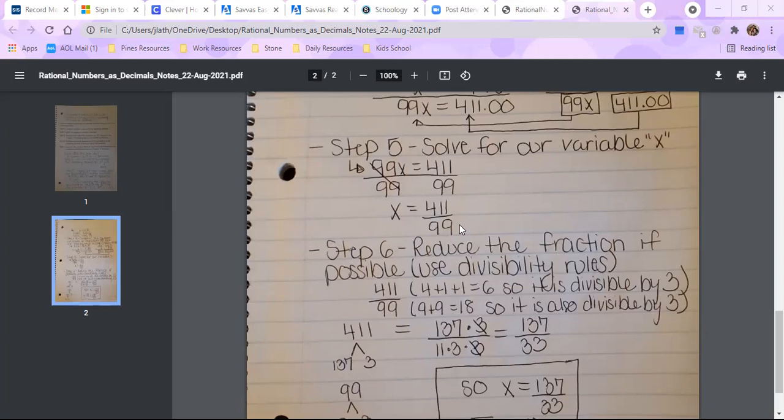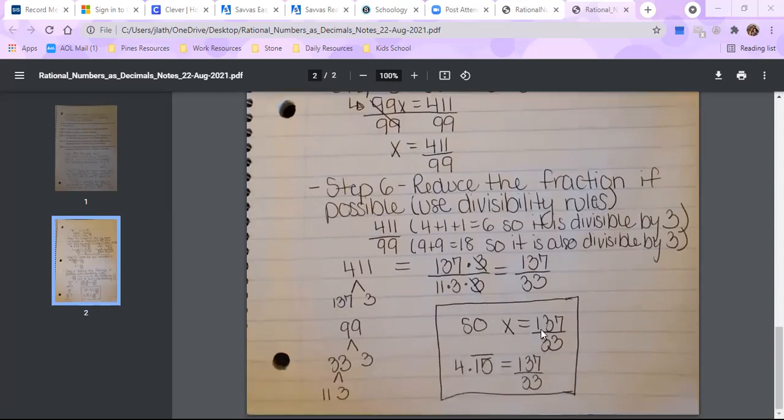You reduce that fraction, and the answer that you're going to end up with, your final answer for this whole problem, is x is 137 over 33. So therefore, the decimal 4.15 repeating in fraction form is 137 over 33.